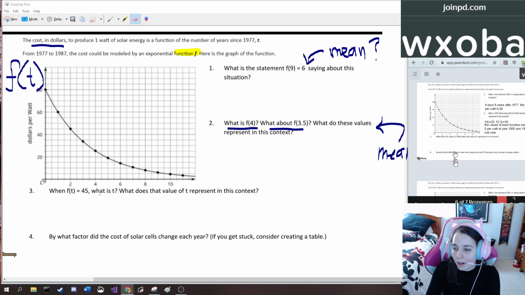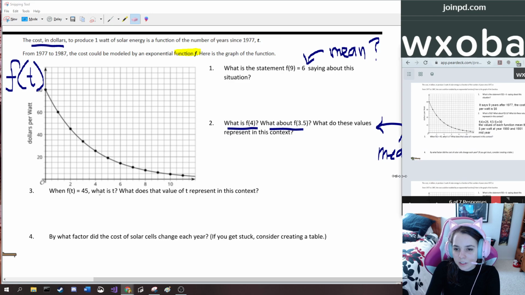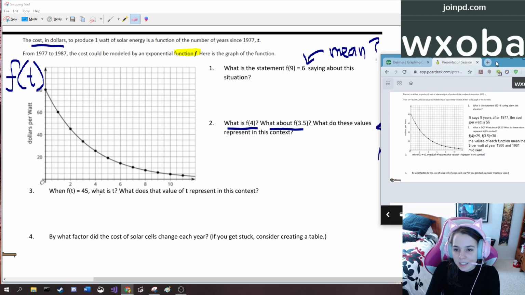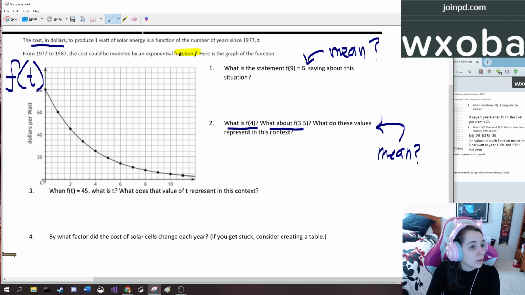All right, so I see that another student here says that 9 years after 1977, the cost per watt is $6. Okay, so what this means in the situation, we know that this is the number of years since 1977.